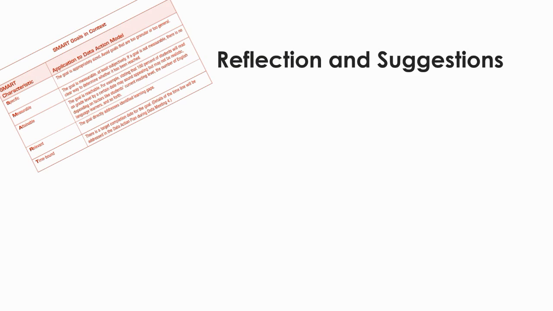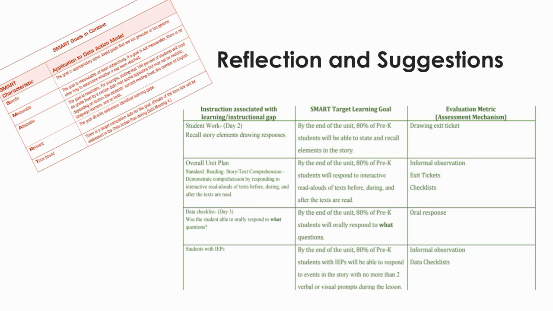And so we made these specific goals in which we wanted to see, by the end of our unit, 80% of our pre-K students able to state and recall the elements of the story, able to be interactive within our read alouds, able to answer open-ended what questions, and able to be supported with their IEPs and verbal and visual prompts during the lesson that will still result in comprehension of the plot and other aspects of the story that are being focused in on throughout the lesson.